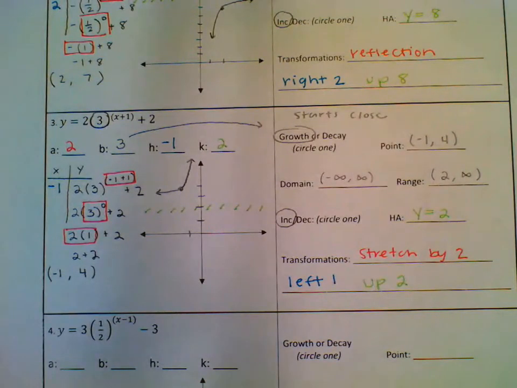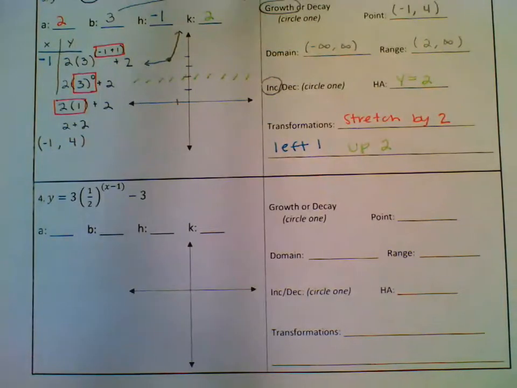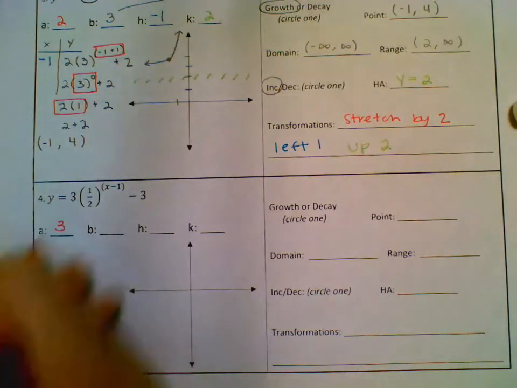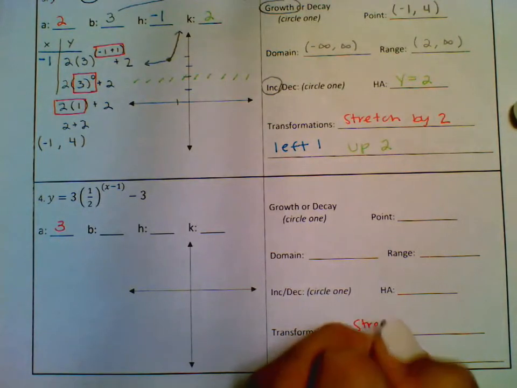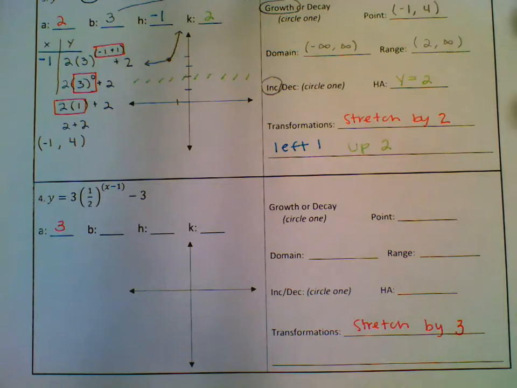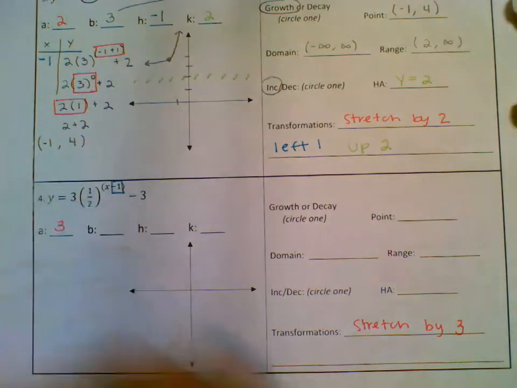All right, so that was question number 3. Question number 4. We have an A value of 3. So that's a stretch by 3. My H value is -1.